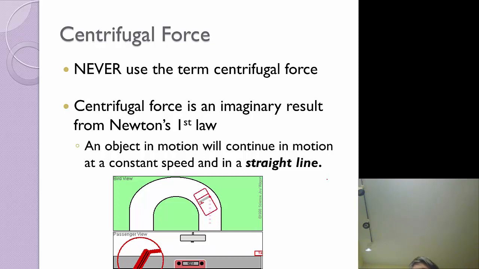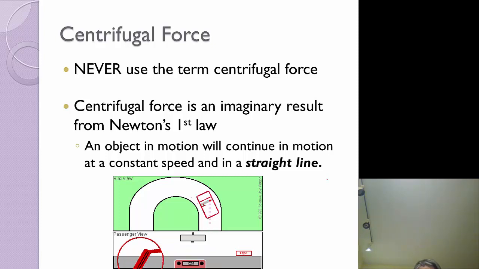You can imagine how dangerous this would be if you weren't wearing a seatbelt and your door was open and you're going around the curve at really, really high speeds. At that point, there's a high probability that you're going to be ejected from the car because you're going to go in a straight line, and if there's no door to stop you, you're going to end up being thrown from the car. So centrifugal force is a bad term.